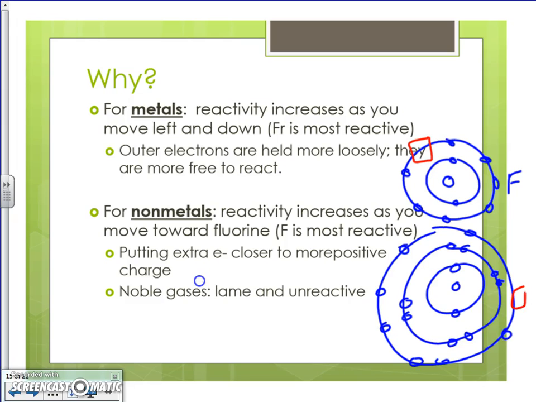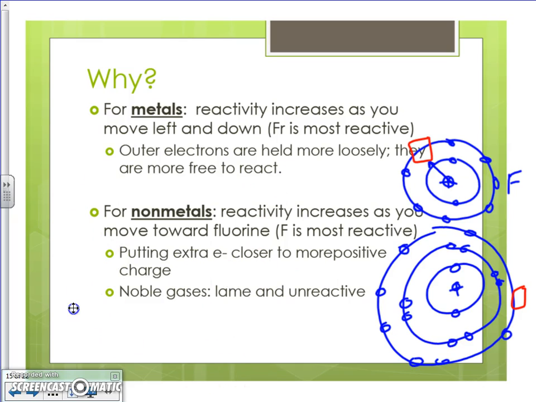And this electron here, positive charge here in the nucleus, where is that square where we're going to put that extra electron? Where is it closest? Where is it going to have the most tug from that positive? Well, that's fluorine. It's close. It's just closer to that positive charge.